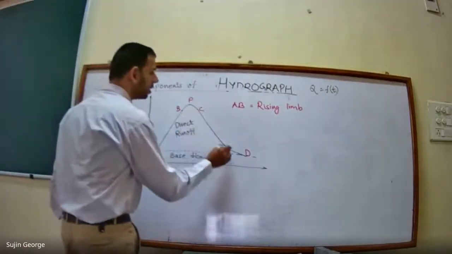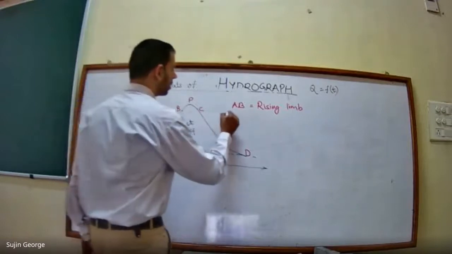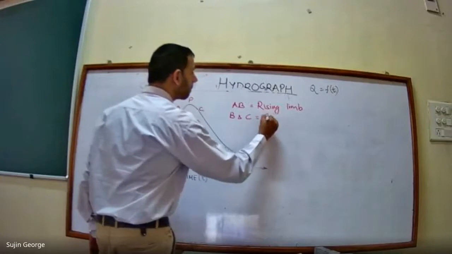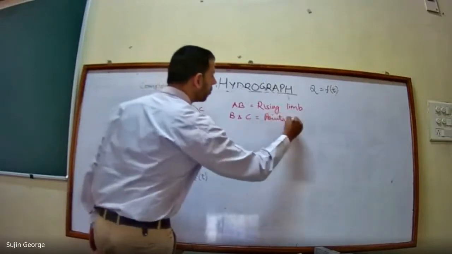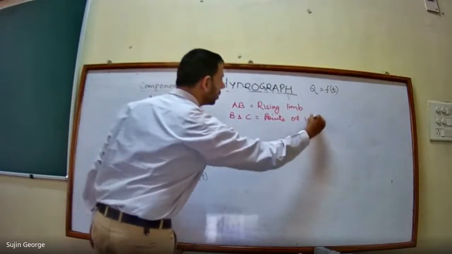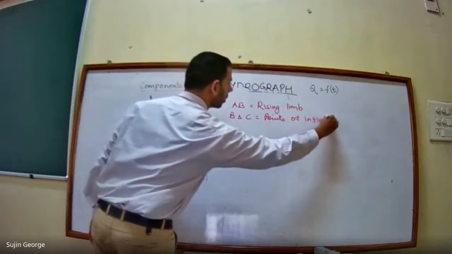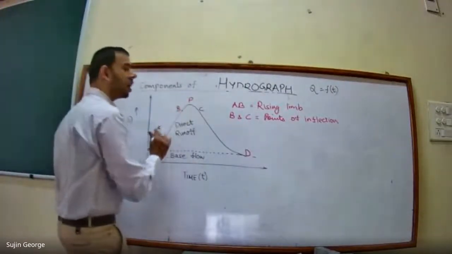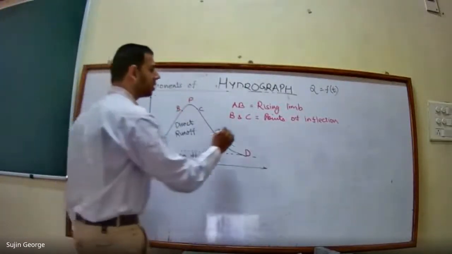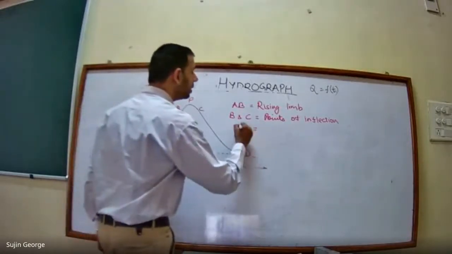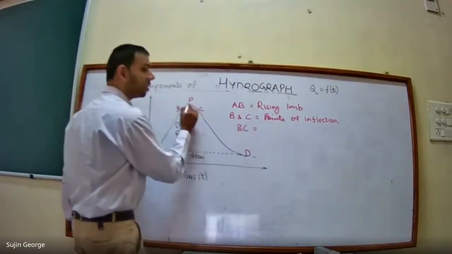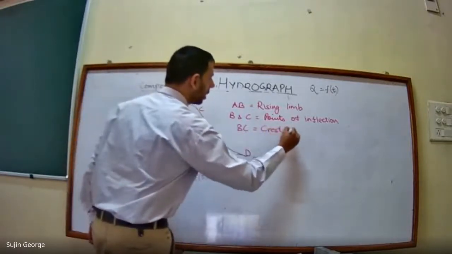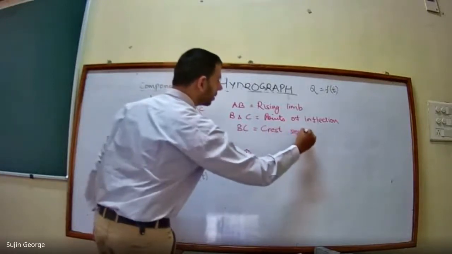Here, points B and C are known as the points of inflection. And this curve BC is known as the crest segment.